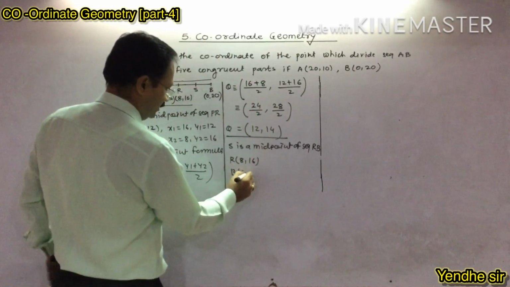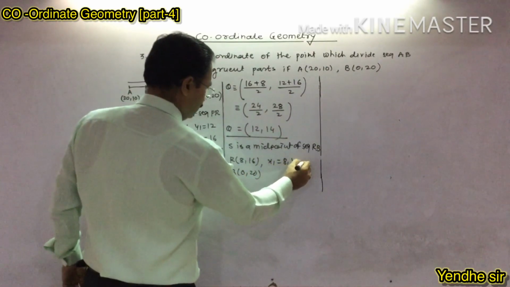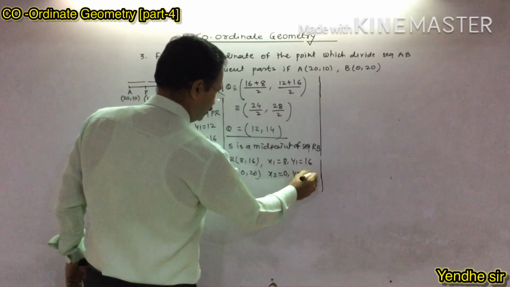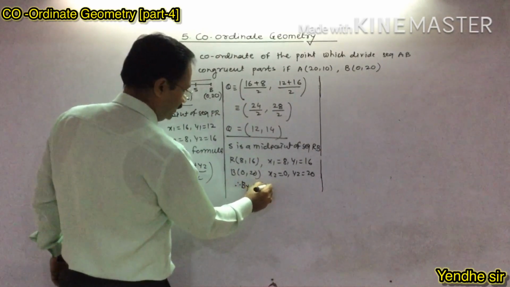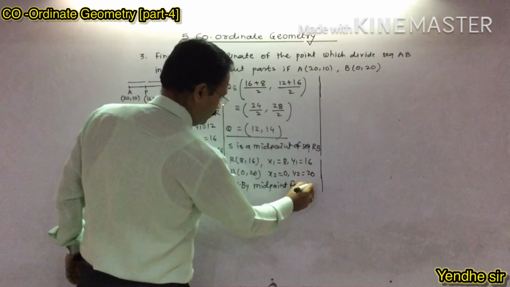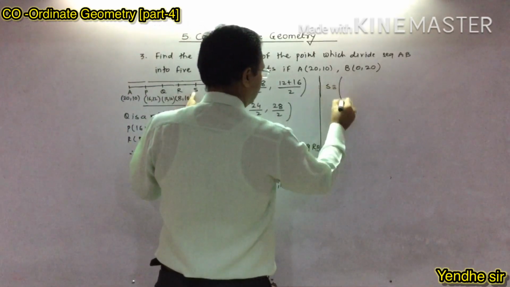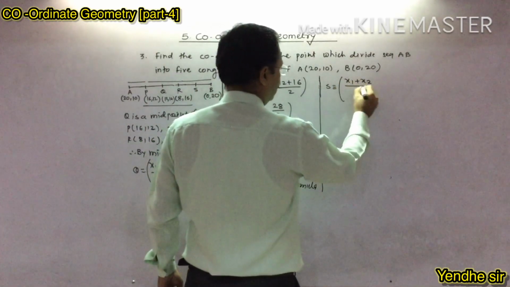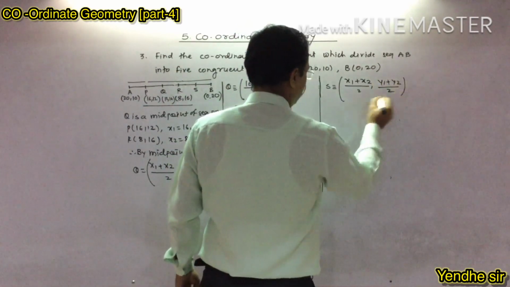B's coordinates are 0 and 20. x1 equals 8, y1 equals 16, x2 equals 0, y2 equals 20. Therefore, by the midpoint formula, S equals (x1 plus x2) divided by 2, (y1 plus y2) divided by 2.